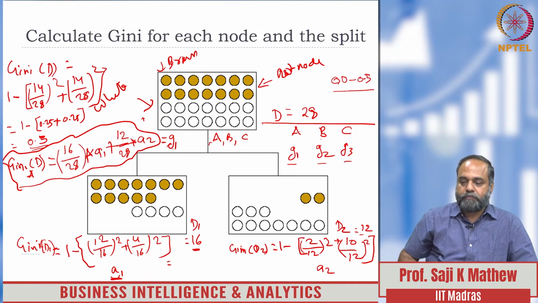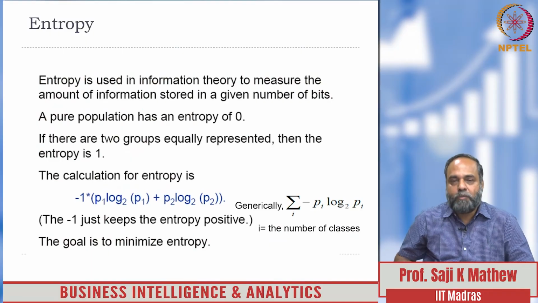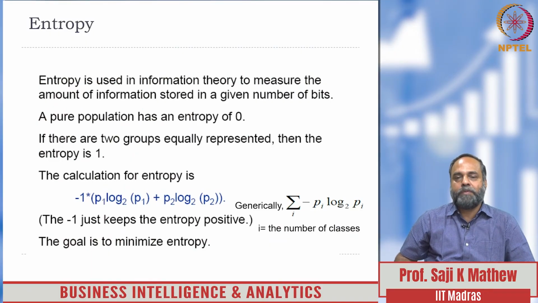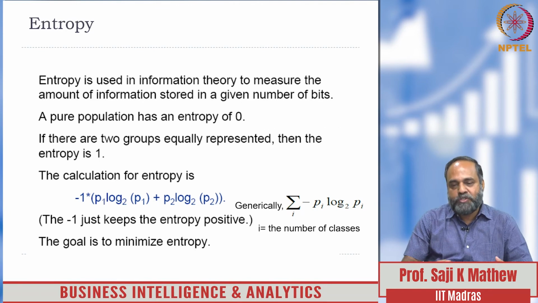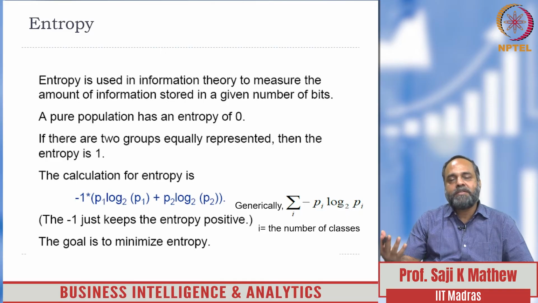Let us move on. Let us talk about another measure called entropy. Entropy is a measure that has been adopted into information science from thermodynamics, from a field of natural science, and of course data mining and analytics draws upon information science as a scientific basis.